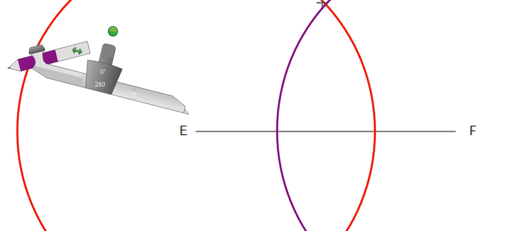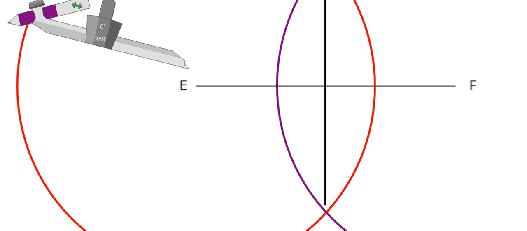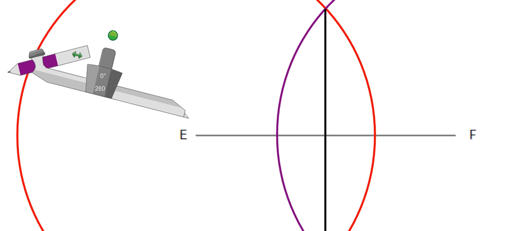And this might be kind of hard for you to see because one of my points is actually not on my paper anymore. So I can slide that up. And that segment is actually the perpendicular bisector. So what I think is really cool is without a protractor or any other kind of measuring device, we've actually created a right angle. And we've divided that line segment into 2 equal or congruent line segments.